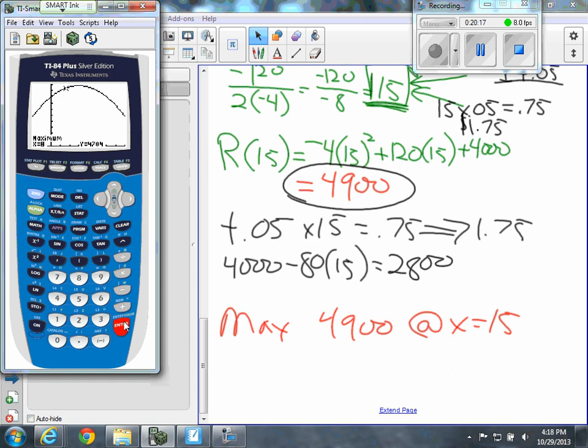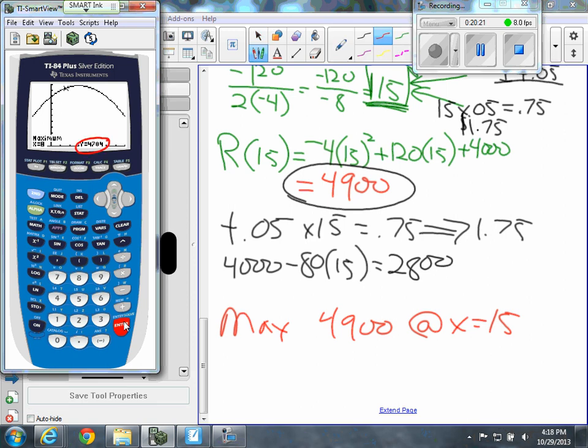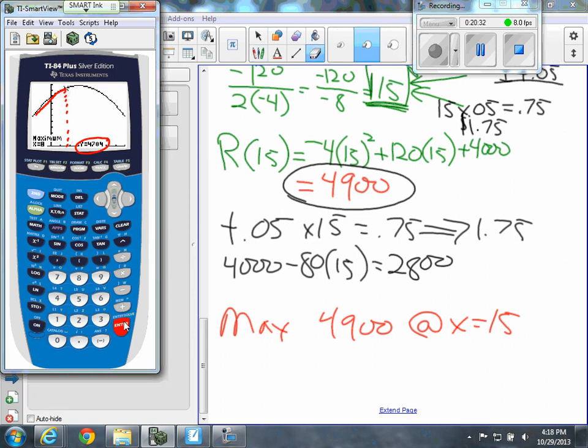It's going to give me a maximum value, but that maximum value is 4704. And that is where you can see my parabola is going up. That's the maximum value in the neighborhood that I gave it. So it's very important to pick the right neighborhood for your left bound and right bound.